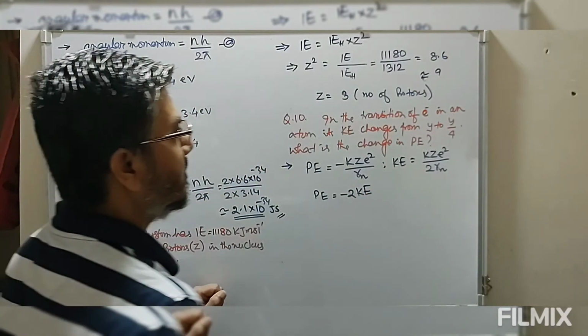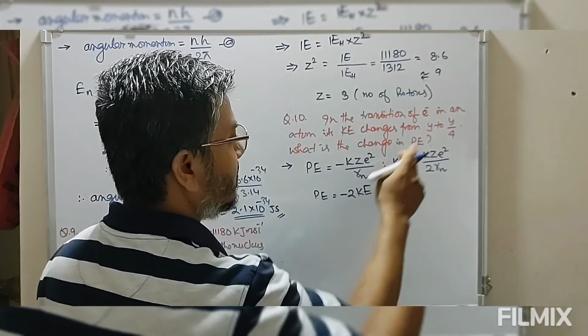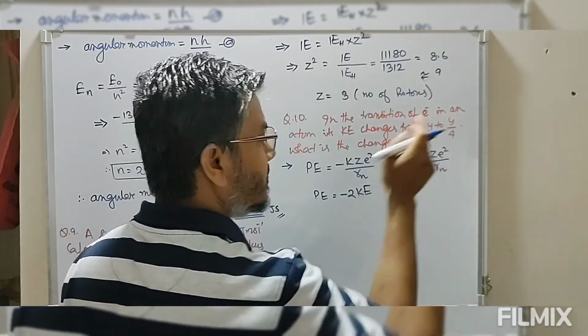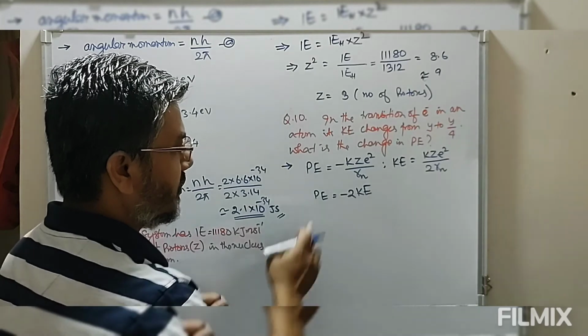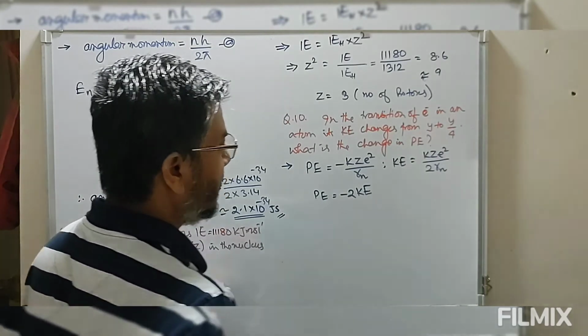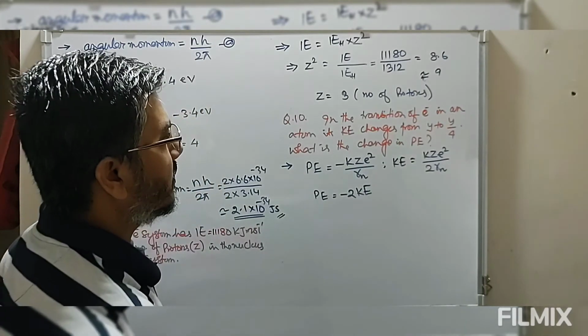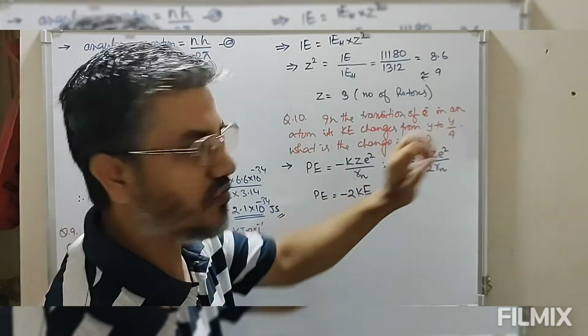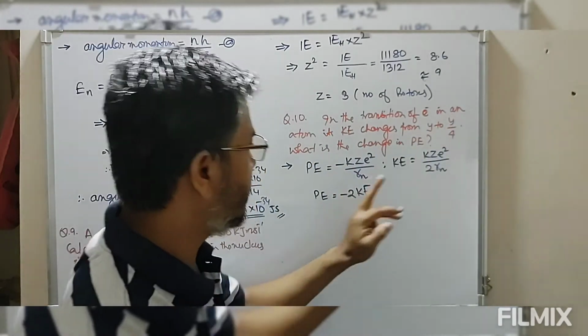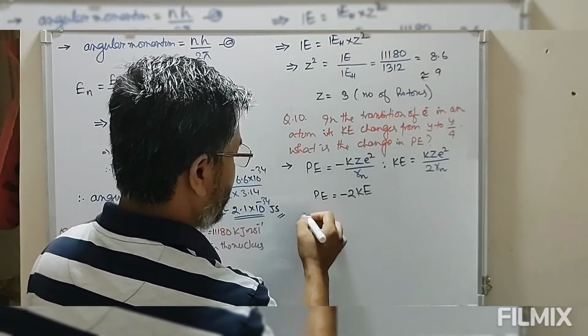Now look at this. KE1 is Y, KE2 is Y by 4. Kinetic energy changes from Y to Y by 4.